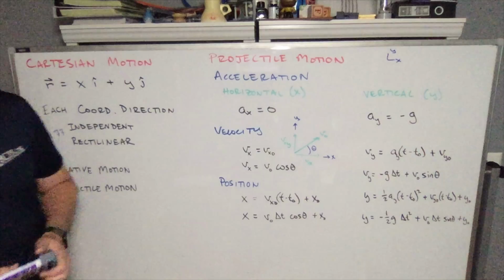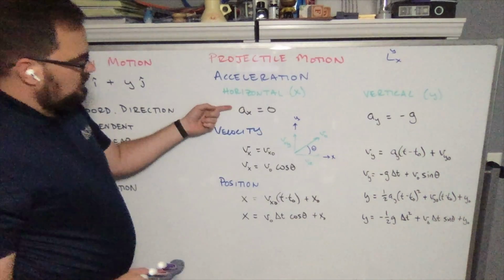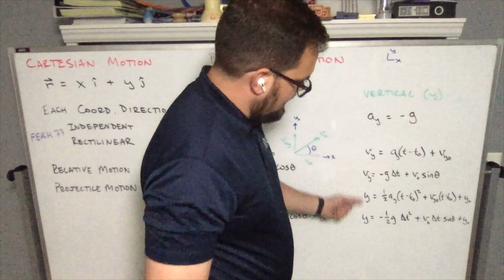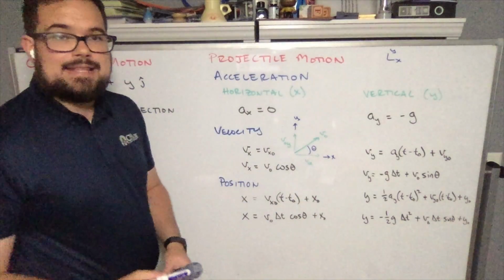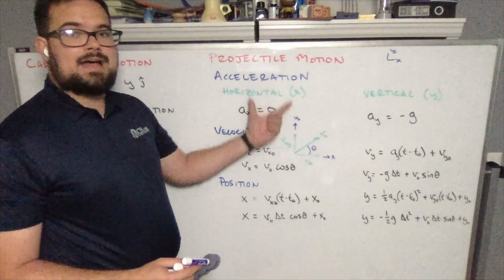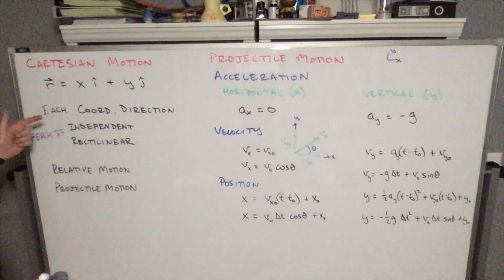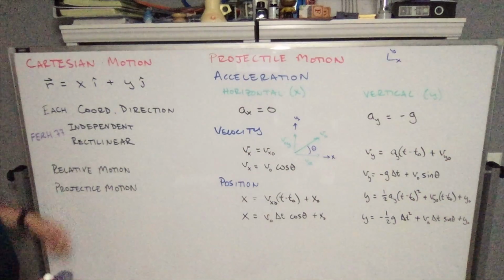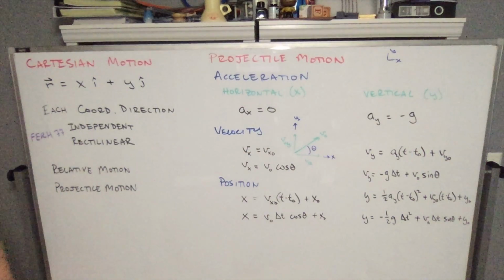And so when we're looking at projectile motion, we're going to have 1, 2, 3, 4, 5, 6 equations that we can work with because we're able to evaluate our x component as independent and rectilinear and our y component as independent and rectilinear. And using those equations together, we'll be able to solve the problem.